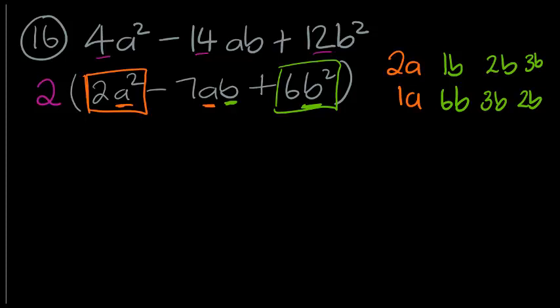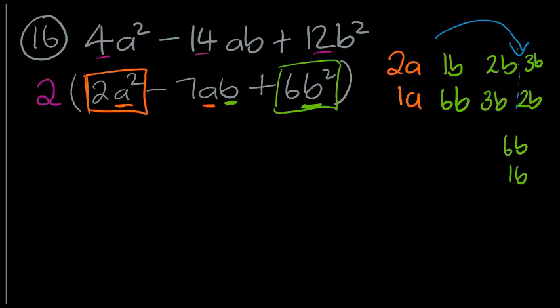And we're missing one, which is going to be 6b times 1b. Now let's cross multiply. We are looking for 7. So my hint to you is to go to the middle. We've got 2 on the side, 2 on the side. So go to the middle and start there and move outwards.